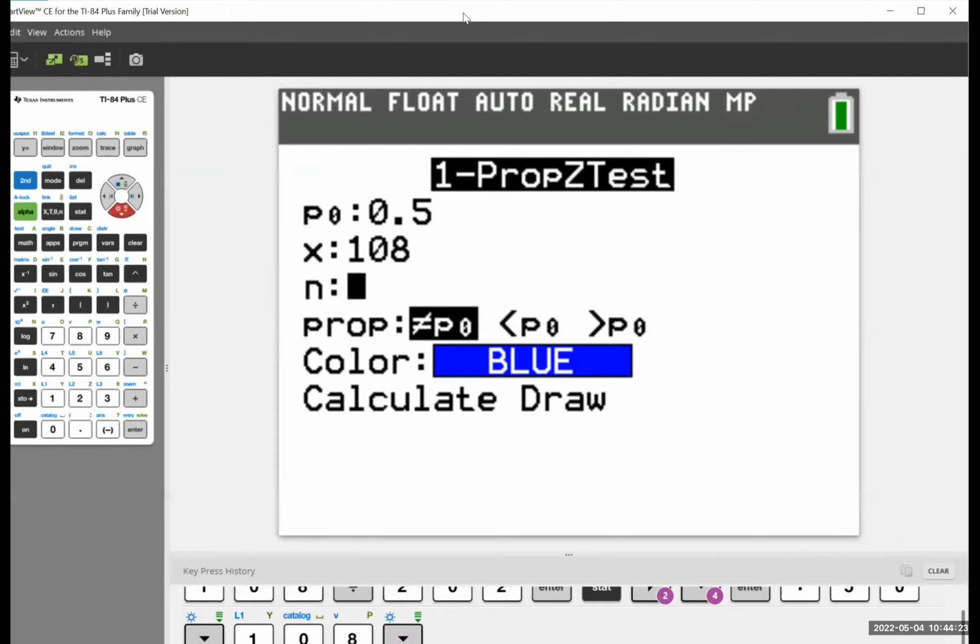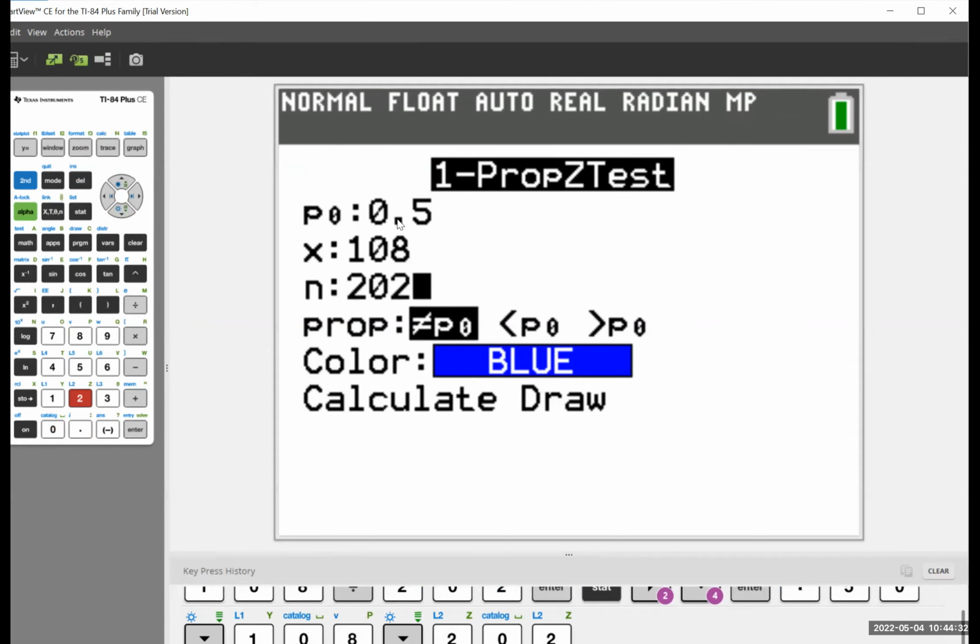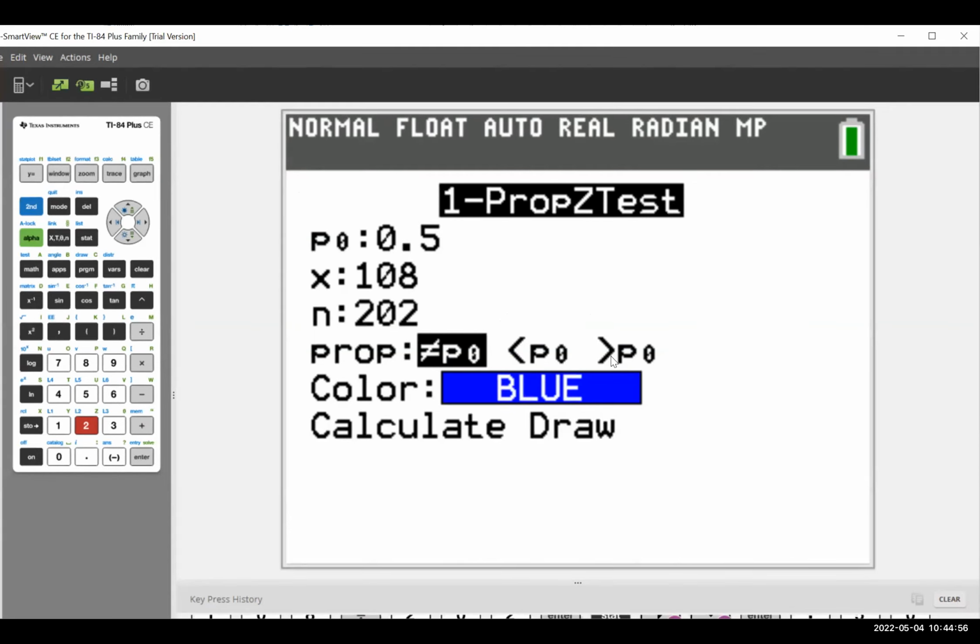And then this is a one-tailed test. The alternative hypothesis is that p is greater than 0.5, so it's a right-tailed test.